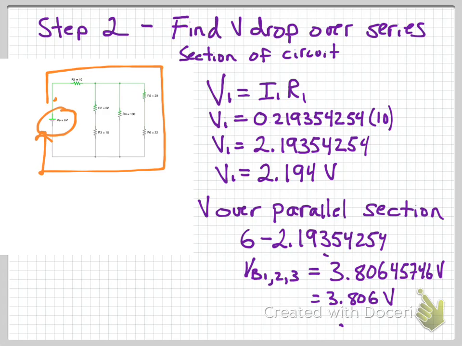So when it moves through that first resistor, some of that 6 volts is going to be used up to push that current through that first resistor. So what we do is we take that resistor, or in some cases resistors, that are in series and figure out how much energy is being used before we get into that parallel section. So we're going to calculate using Ohm's law.